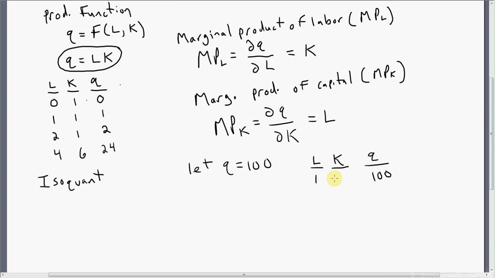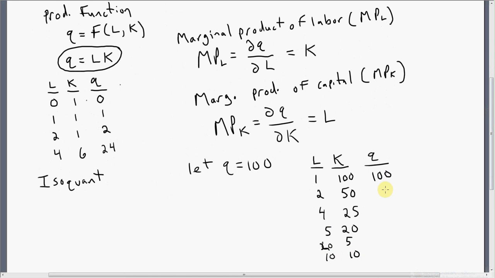So if L is 1 and K is 100, since 1 times 100 is 100, we'd get 100 units of output. 2 and 50 will be another point on this isoquant. 4 and 25, 5 and 20, or for that matter 20 and 5, oops, 10 and 10, and so on.